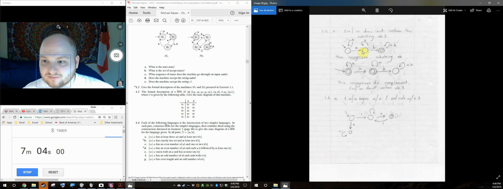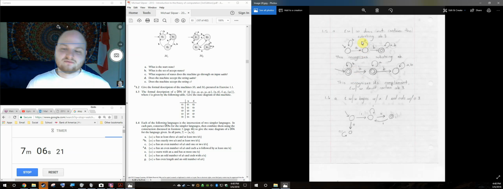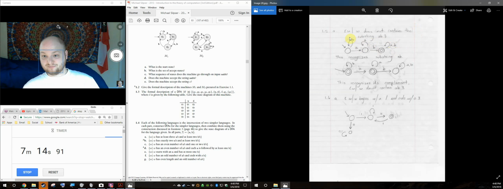Going further, there are finite automata that can be represented by complements. Here, we need to represent a language that does not contain the substring ab.